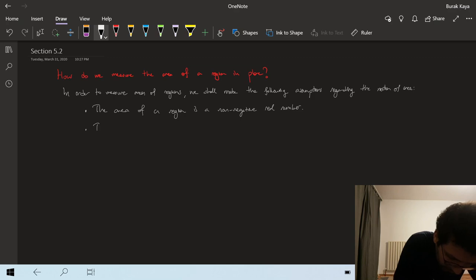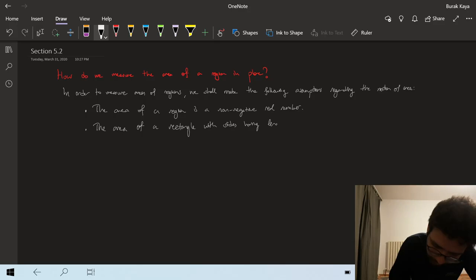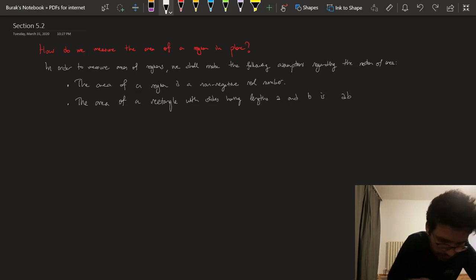The second assumption is that the area of a rectangle with sides having lengths A and B is AB.